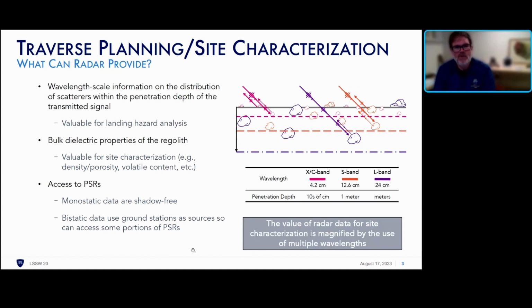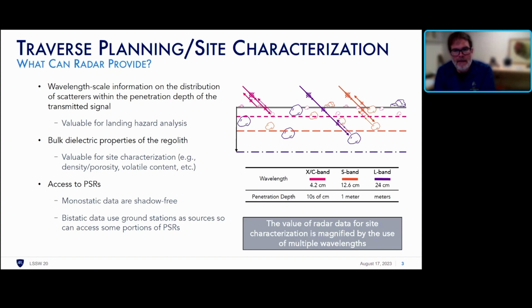Again, kind of at a high level, what can radar provide? What does it do? It gives you wavelength scale information on the distribution of scatterers within the penetration depth of the transmitted signal. And so the cartoon here on the right showing a variety of scatterers at a variety of sizes and several radar wavelengths that are penetrating the surface to different depths and that are sensitive to different scatterers.